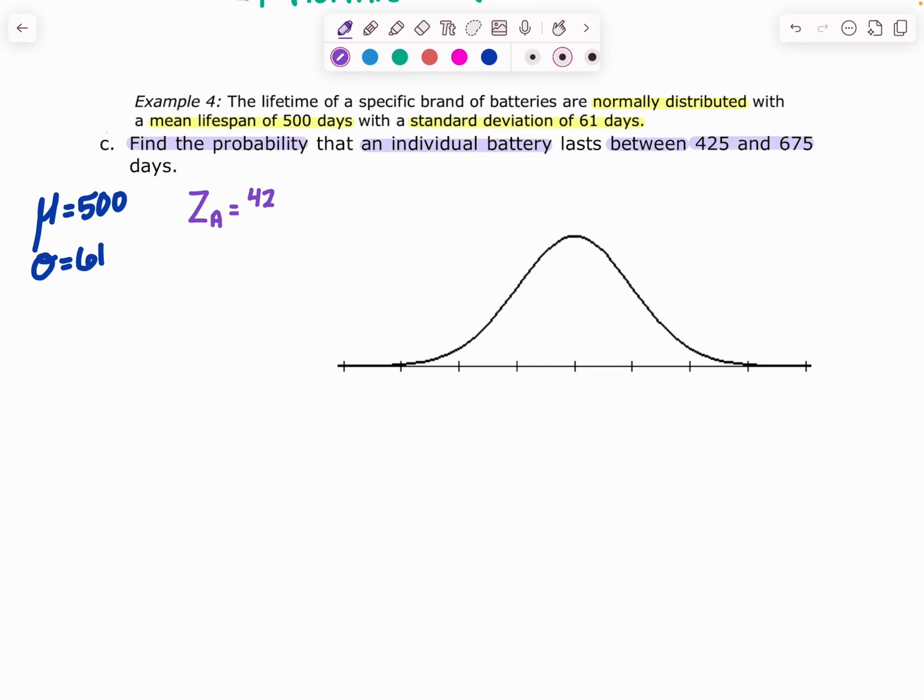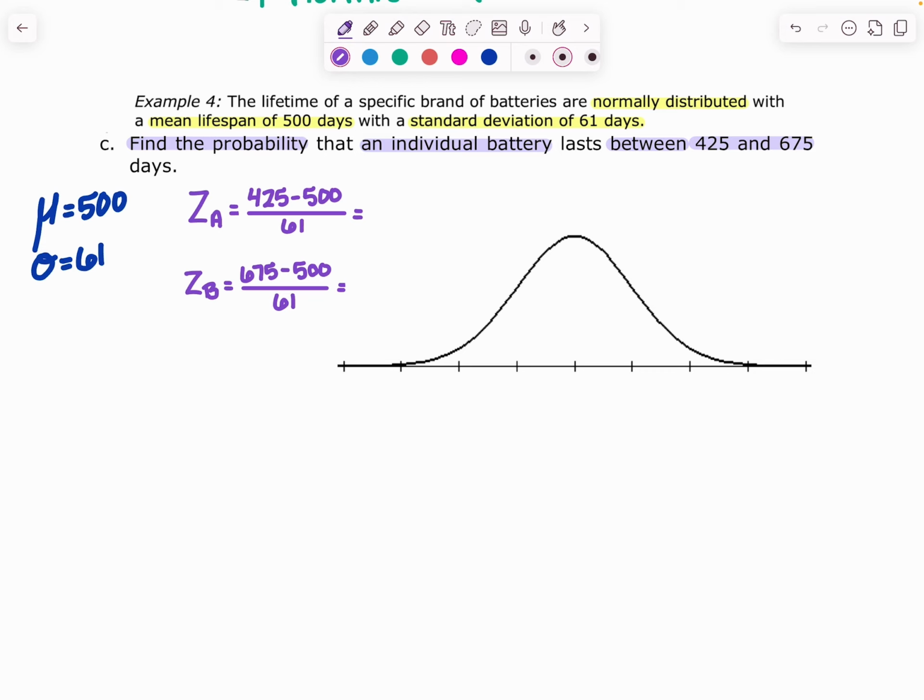So 425 minus 500 divided by 61. And then ZB is going to be the second one, 675 minus 500 divided by 61.